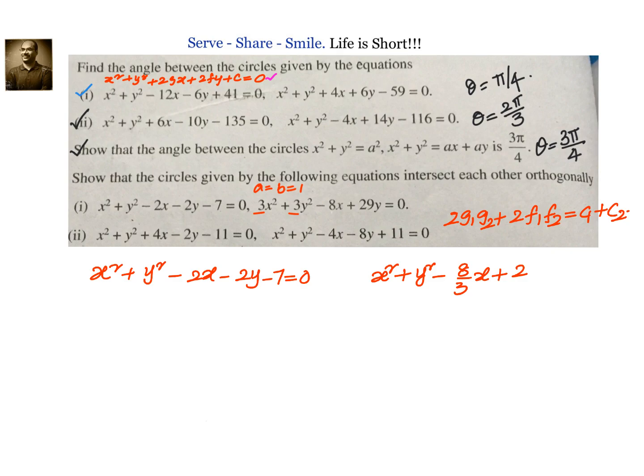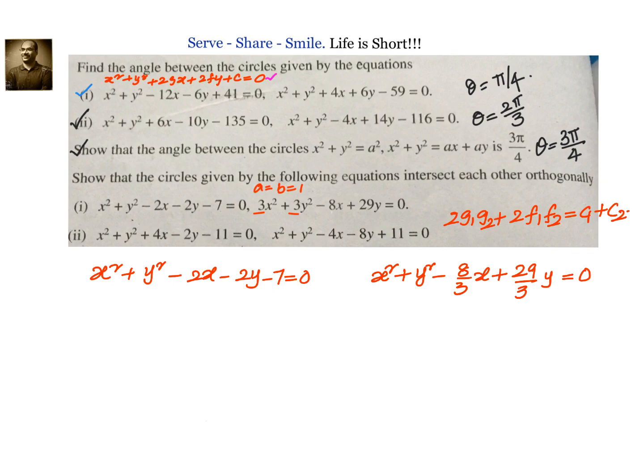So that's why, dividing by 3, it will become plus 29 by 3 y equals 0. Now let us substitute the values of g1, g2, f1, f2, c1, c2. In the formula we have 2 g1 g2, right?